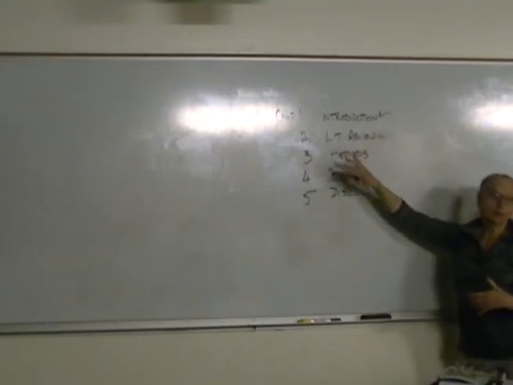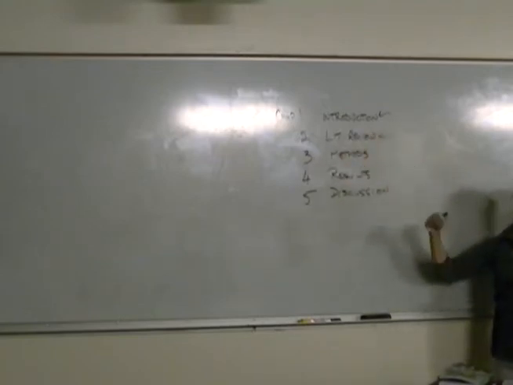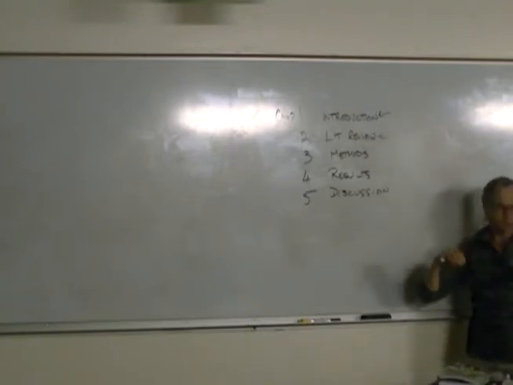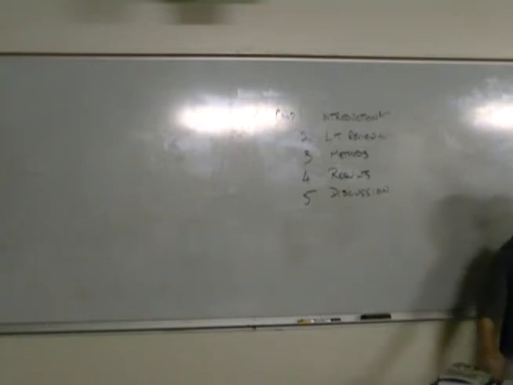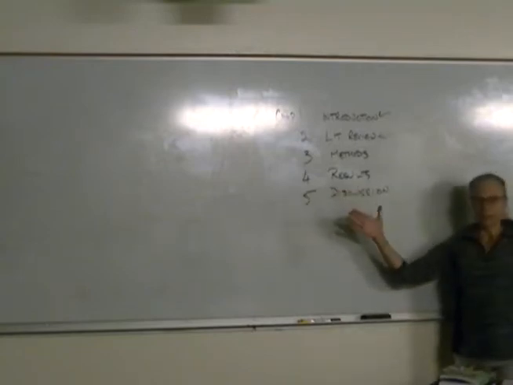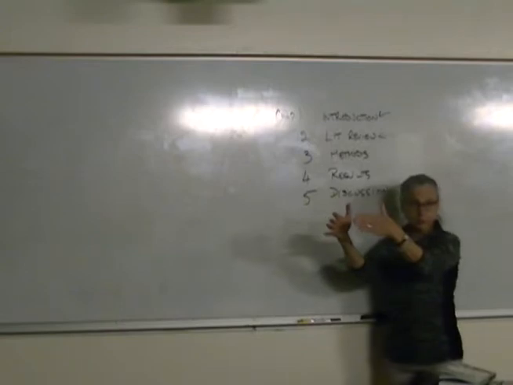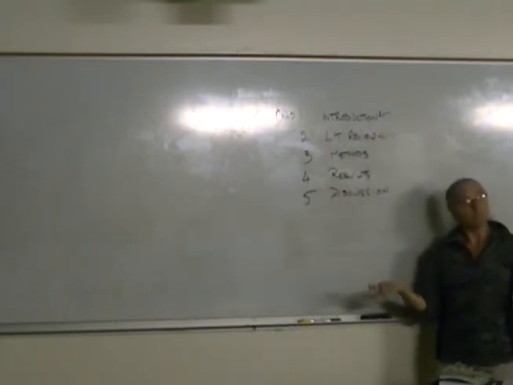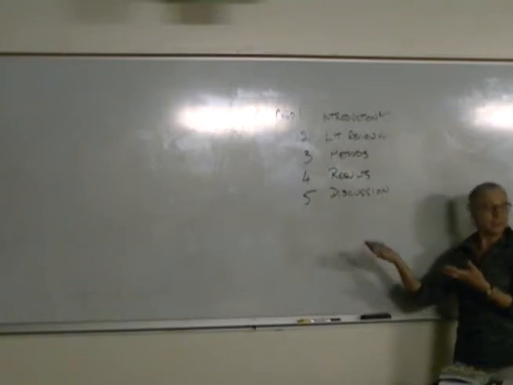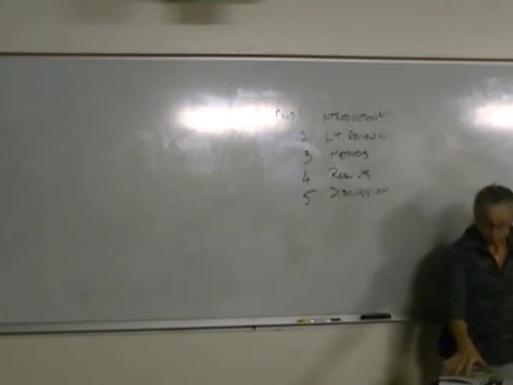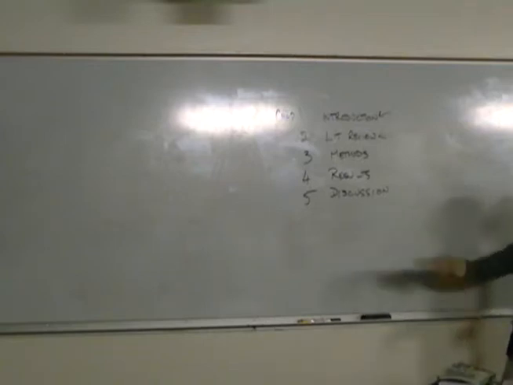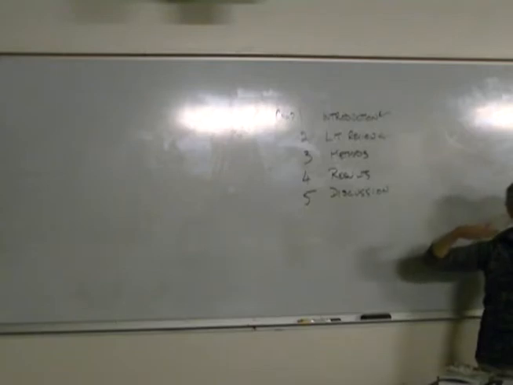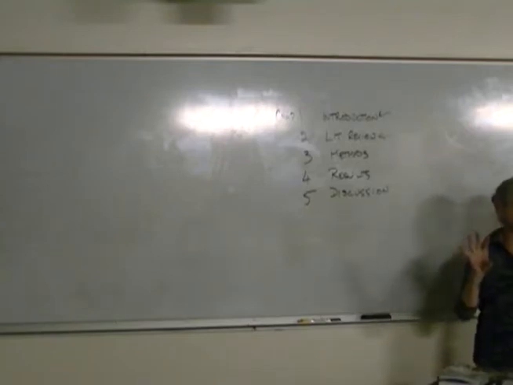The lit review is all your argument about why this question is unique and important, right? And the lit review starts out nice and broad, and it just gradually funnels the reader in, so that by the end of the lit review they go, oh yeah, okay, this is a cool question. And then the methods we'll look at very briefly, and at the end of the methods is where you put your data analysis.